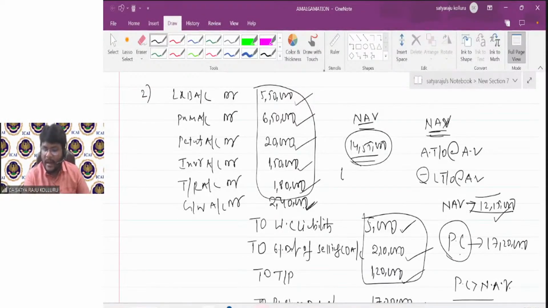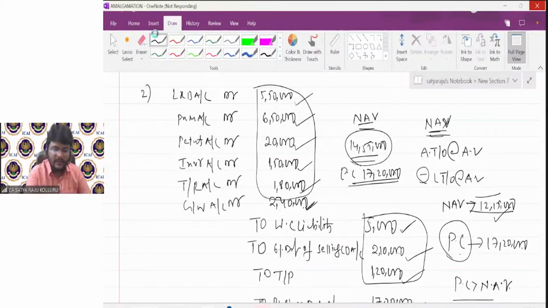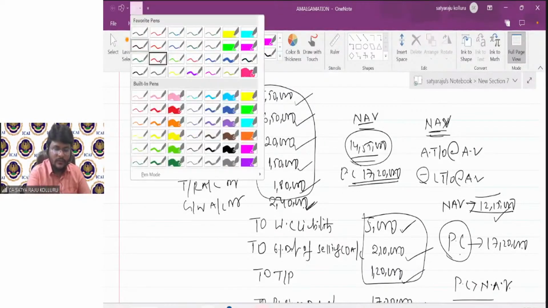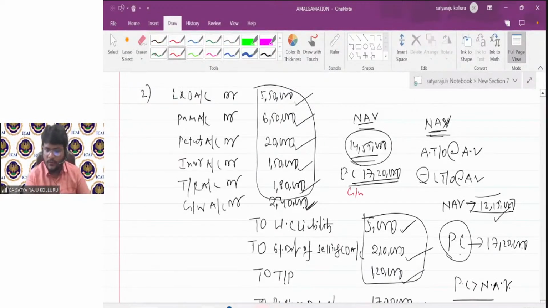Then you can compare the PC, 17,20,000. Then let me know goodwill, how much? In that particular scenario, what is the difference between 17,20,000 and 14,55,000? Goodwill is 2,65,000. Now, earlier you incorporated 2,40,000 as an acquired asset.